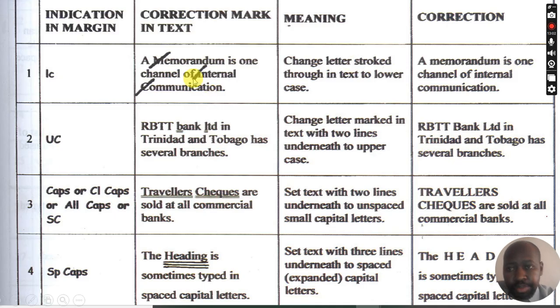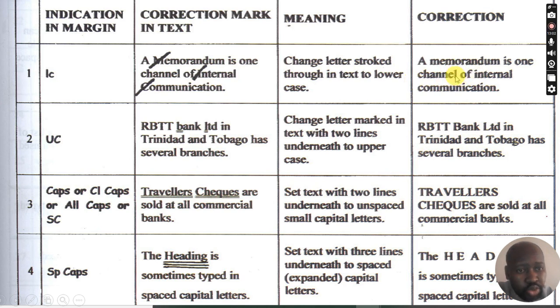For example, you can see here there is LC, so it means the sign is LC. If you see LC corresponding with a paragraph or line, it means that in the paragraph sometimes you will see a letter that has been stroked through like this. It says change the letter that has been stroked through to lowercase.